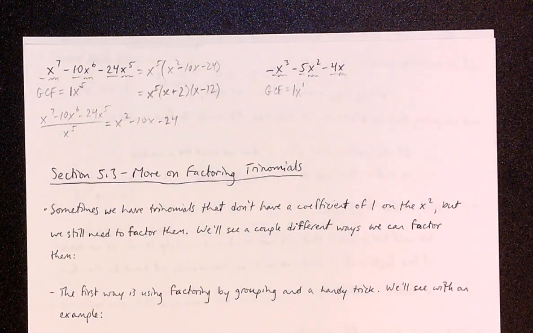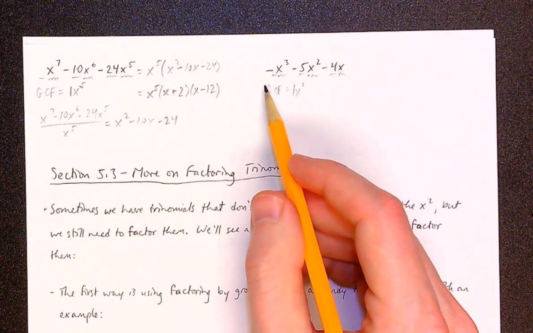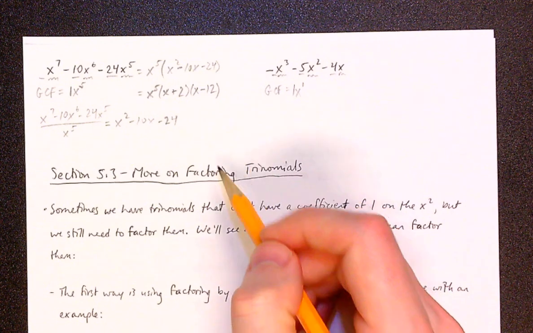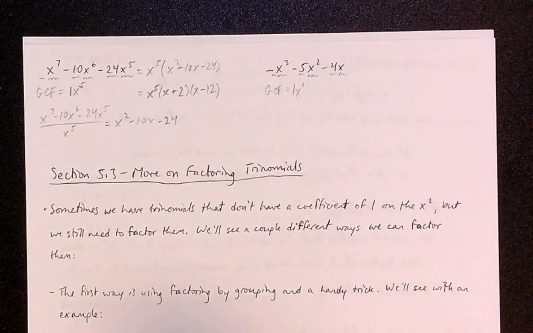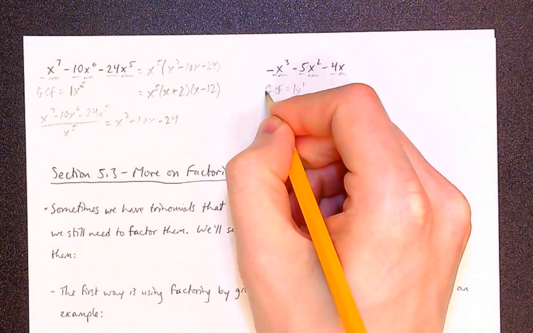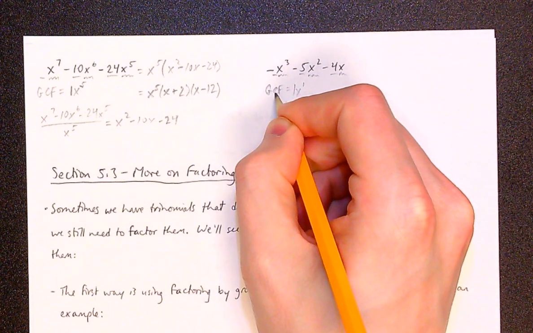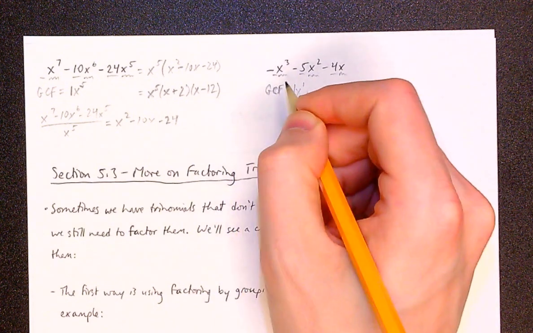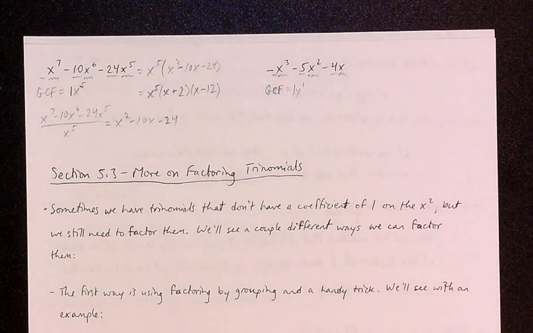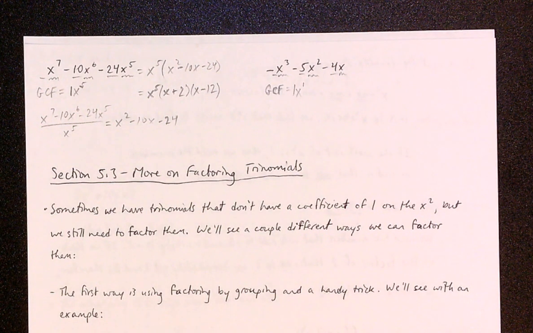Now we come to the situation once again where our leading term has a minus sign in front of it. We don't want to have to work with that. We don't want to see a minus sign in front of the leading term. So we are going to pull that minus sign out and include it in our GCF.